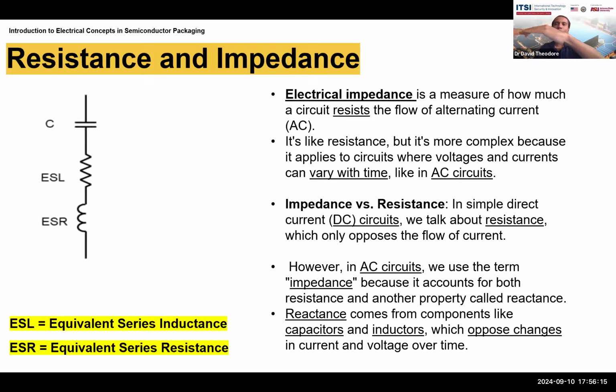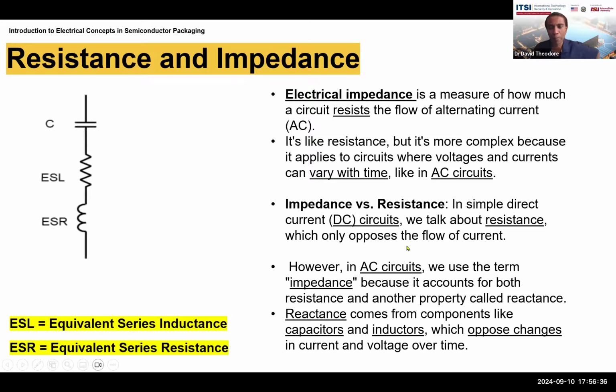Resistance resists that flow, so it pushes backwards. So the current, which is proportional to the number of charges traveling through per second, is directly proportional to the forward pressure, that's the voltage, and inversely proportional to the backward pressure, that's the resistance.